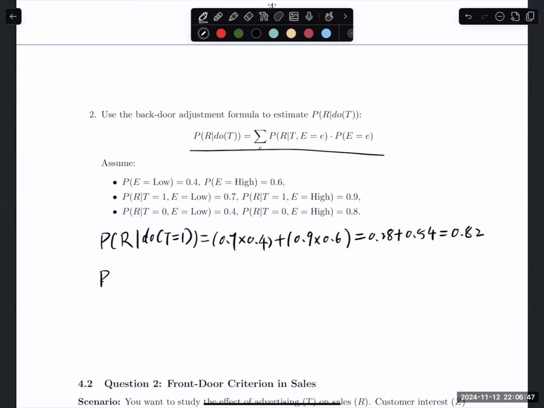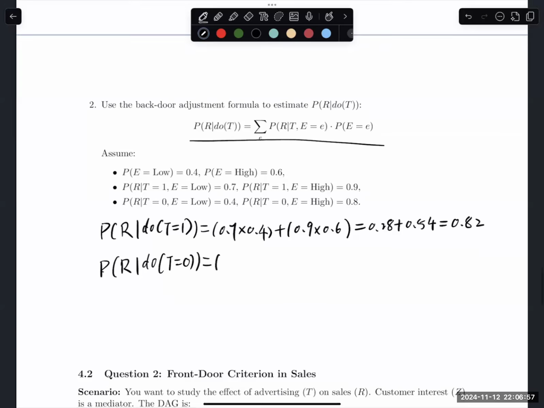Then we need to calculate for when we do not give additional training. So here, it is 0.4 times 0.4 plus 0.8 times 0.6, which is equal to 0.16 plus 0.48, which is equal to 0.64.